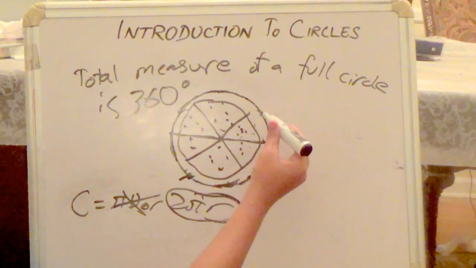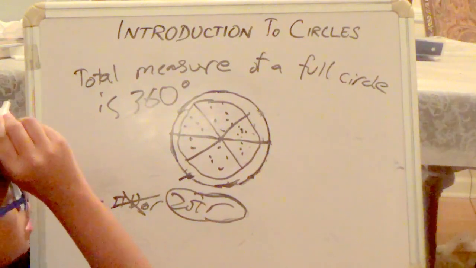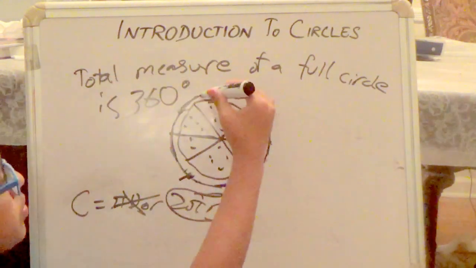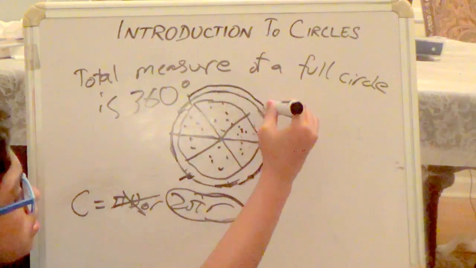So how does this have to do with an arc? So the arc is just part of it. So let's say I want to measure the third of this arc.